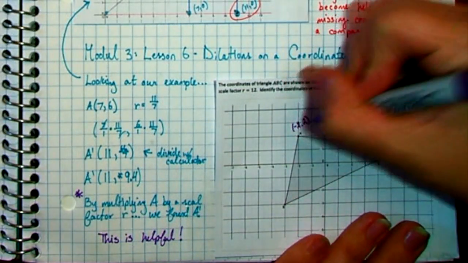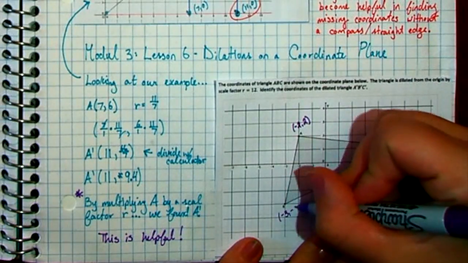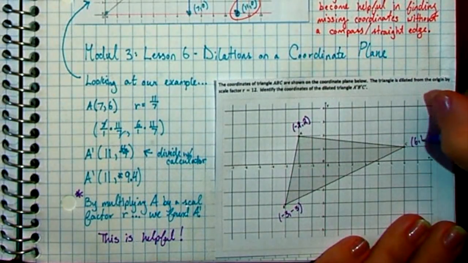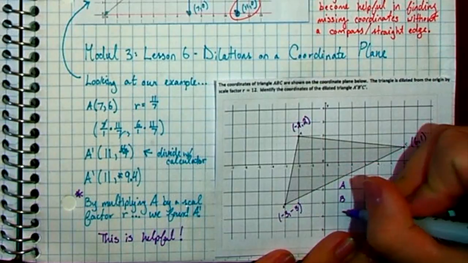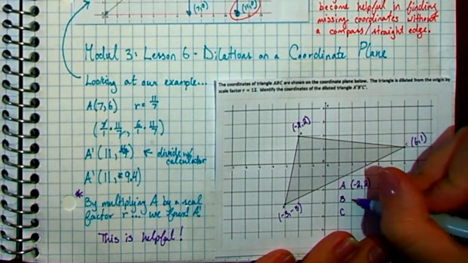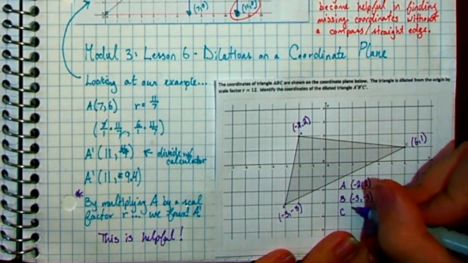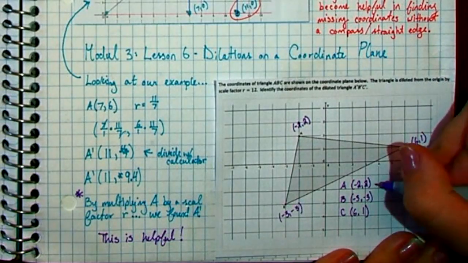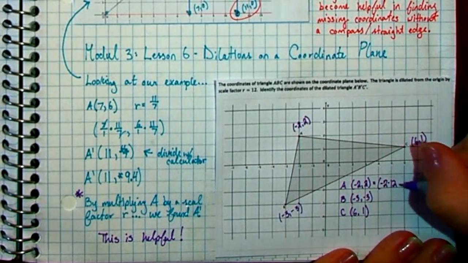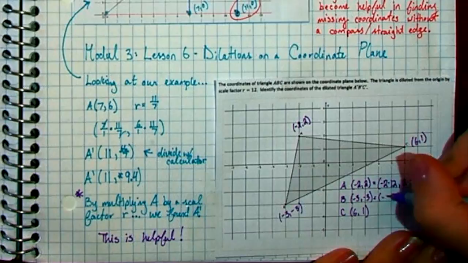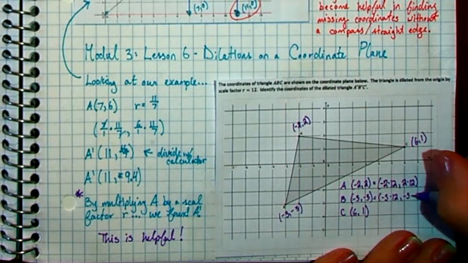Looking at this last example, it says the coordinates of triangle ABC are shown on the coordinate plane below. So I'm going to label those. The triangle is dilated from the origin by a scale factor of r equals 12, and we identify the coordinates of the dilated image. Given the scale factor, I can multiply all my original coordinates by 12.